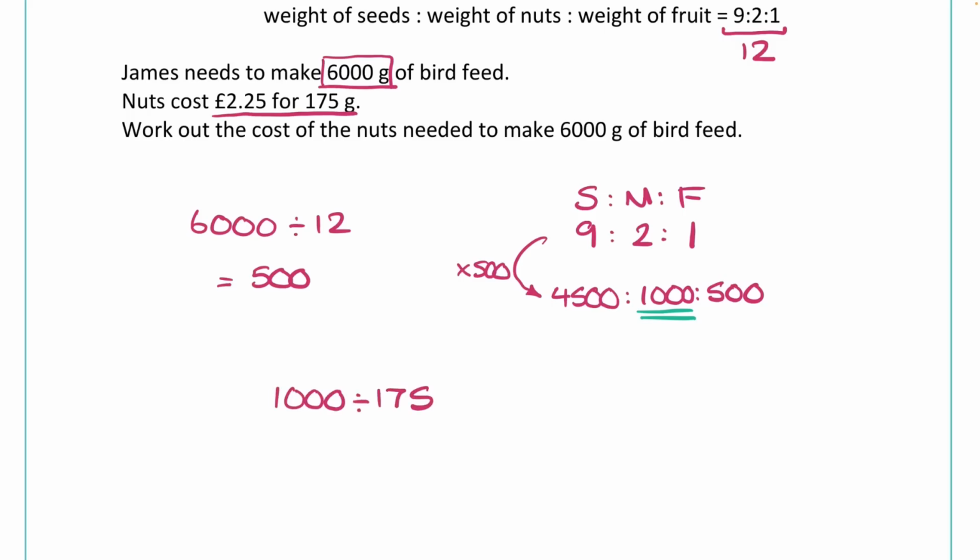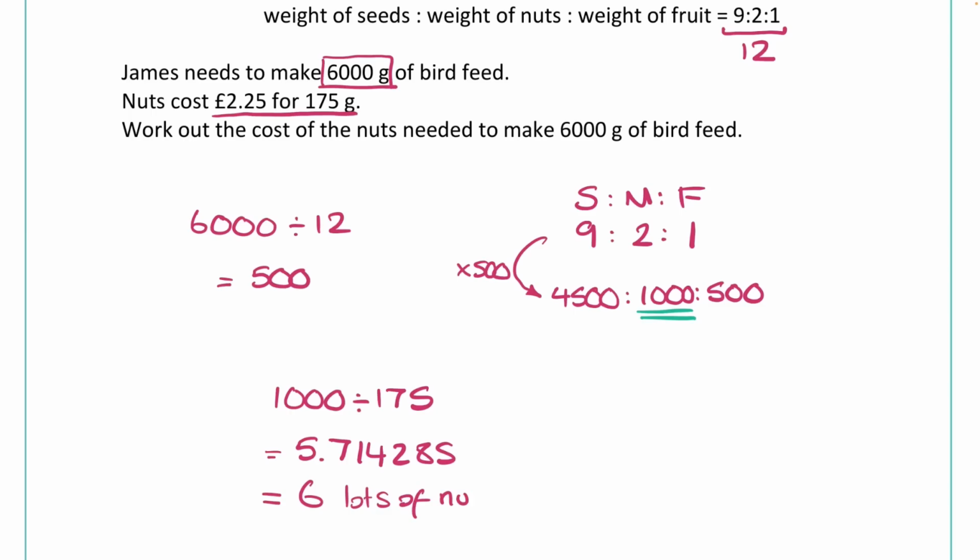Now if we type that into our calculator, that comes out as 5.714285. Well, if we're trying to make this mixture, then we're going to need to buy at least 6 bags. We'll have a few left over, but that's fine. We're going to buy 6 bags or 6 lots of the nuts.